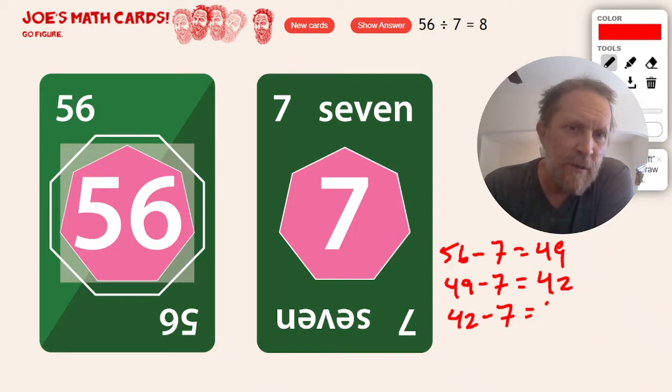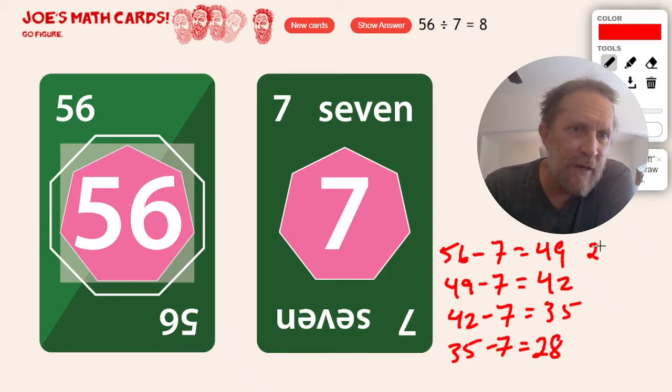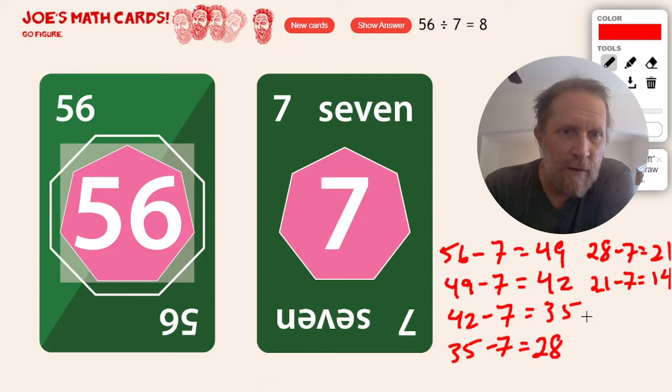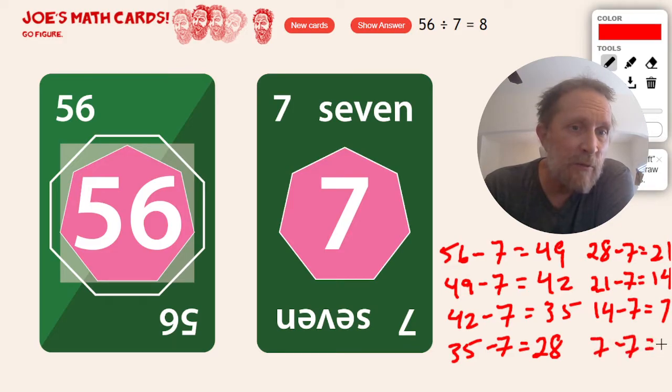That will equal 35. Then I'll do 35 minus 7, and that will equal 28. Now, if I subtract 7 again from 28, 28 minus 7 equals 21. 21 minus 7 equals 14. 14 minus 7 equals 7. And 7 minus 7 equals 0.